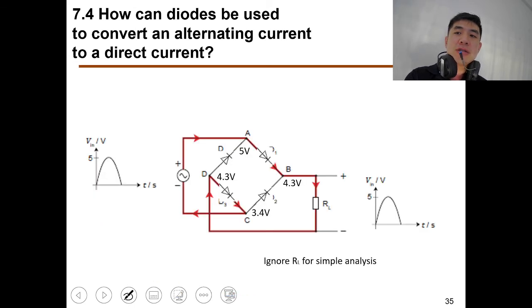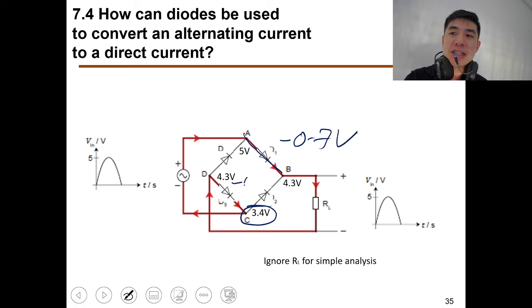If I do the analysis based on the non-ideal diode situation, the practical diode or simplified diode, at the end I'll get only 3.4 volts, because each time we go across one diode, we lose 0.7 volt. Starting from 5 volts, minus 0.7 volt, then coming to here again minus another 0.7 volt, so it crosses two diodes.